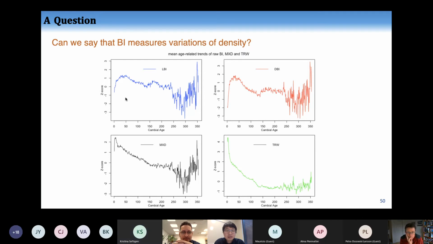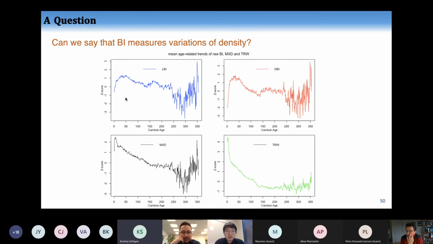Okay. Jesper, is that something you've come across before, in this early juvenile portion, when comparing density and blue? No, I can't say that I've seen this big difference in the Pinus sylvestris that I worked with. I'm pretty surprised to see the really sharp increase in the MXD.